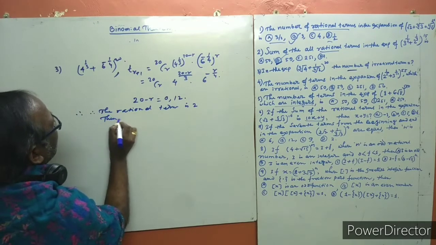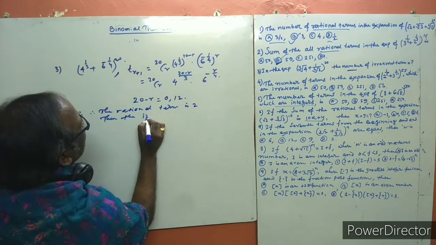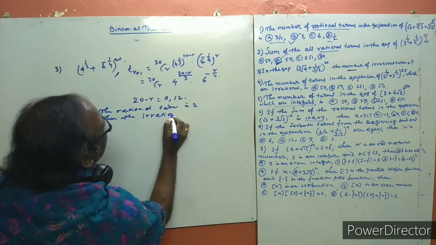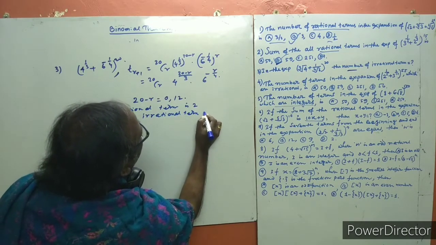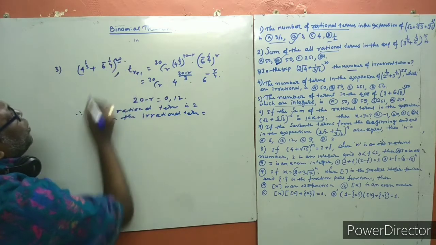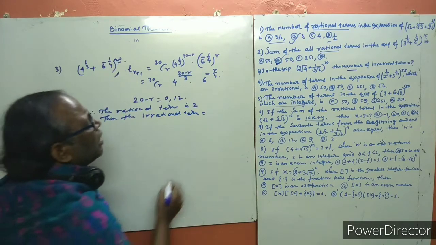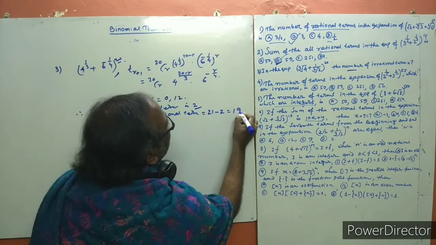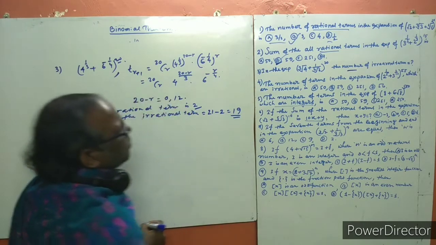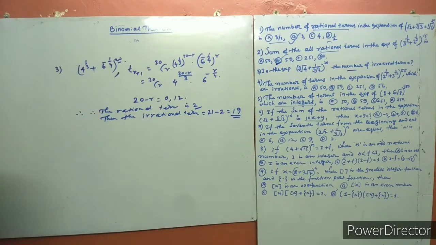Then the irrational terms: the power is 20, so the number of terms is 21. Subtracting 2, you get 19. So 19 irrational terms are there.